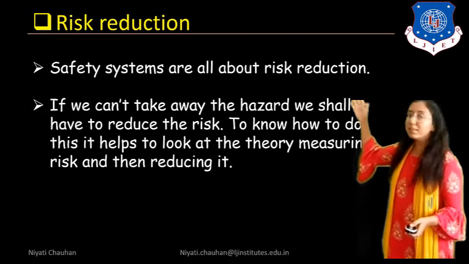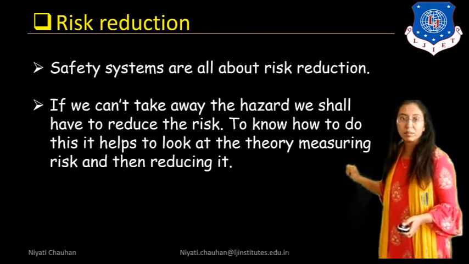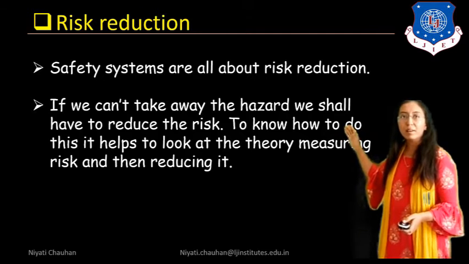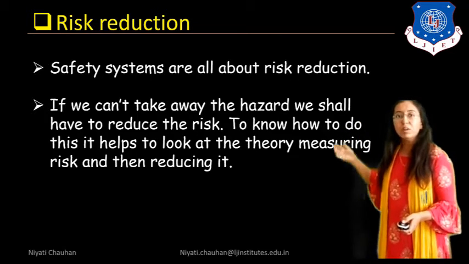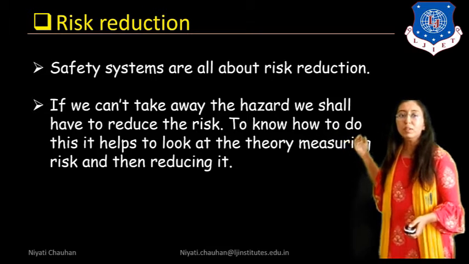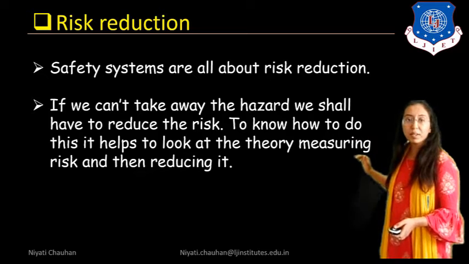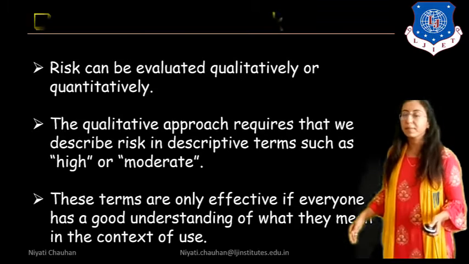So, safety systems are all about risk reduction. If we can't take away the hazard, we shall have to reduce the risk. To know how to do this, it helps to look at theory of measuring risk and then reducing it.